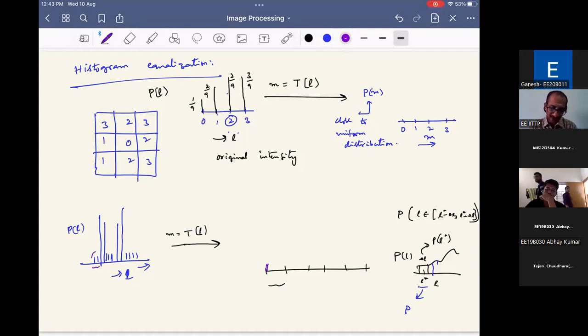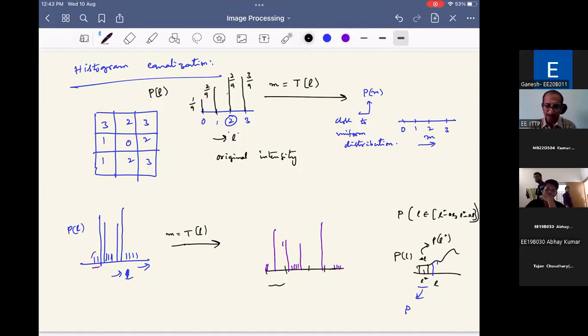Wherever there are big frequencies with a large number of pixels, they will have more spacing with respect to the next intensities. So they will get spaced like this, and all the other small ones will again be together, and the other intensities will be somewhere here, and then it ends here. So it's like this.